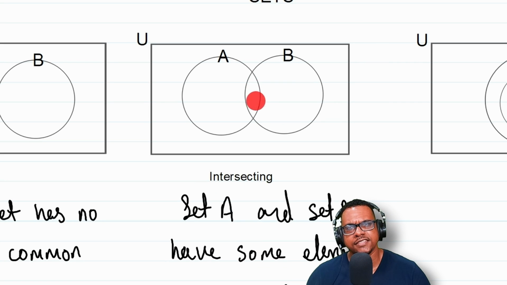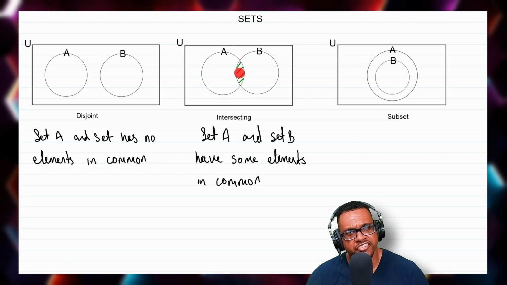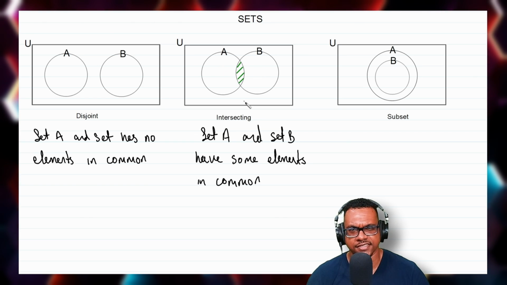And this little space here will represent the elements that they have in common. So I'm just going to shade that. So this here that I've shaded in green would be the intersection of the two sets.